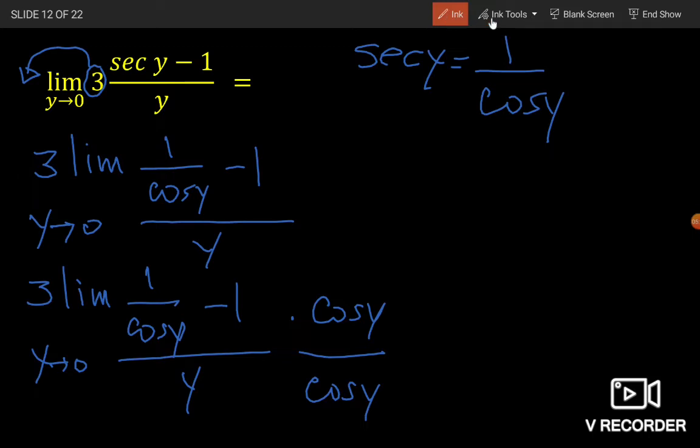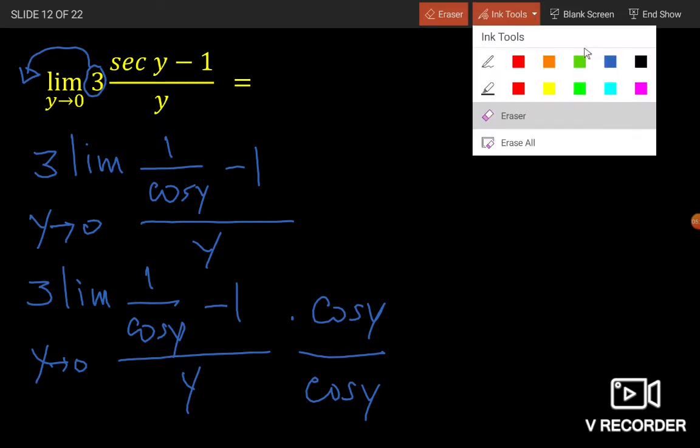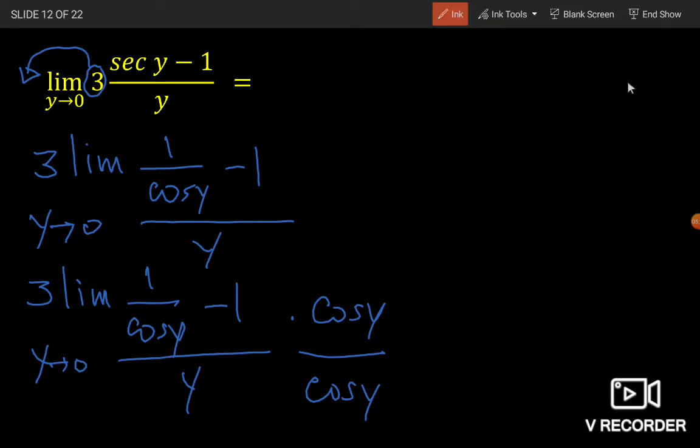Now, cosine of y multiplied by 1 over cosine of y, you'll get 1.